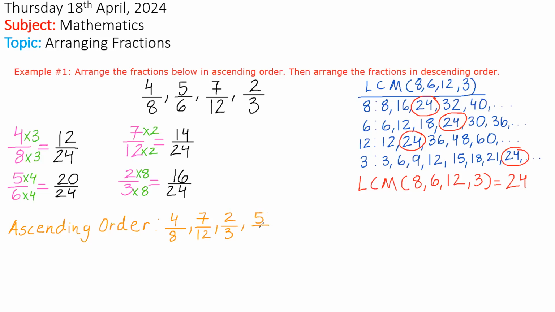So ascending means that we're going to go from least to greatest, right? So let me write that down. Ascending order means from least to greatest.